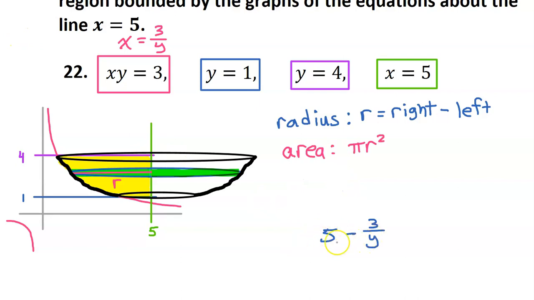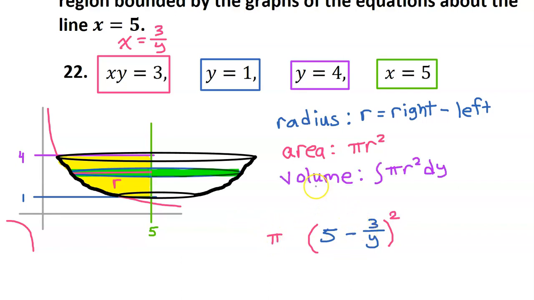Cool, we have our expression for the radius. Step 2 is to find an expression for the area of a single disk, which is always pi r squared. So since this is an expression for the radius, to turn it into an expression for the area, all we need to do is square it and put a pi out in the front.